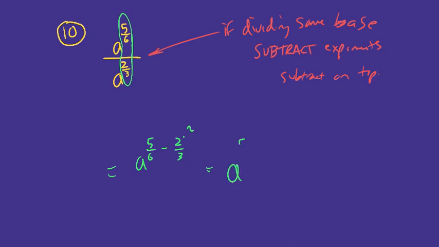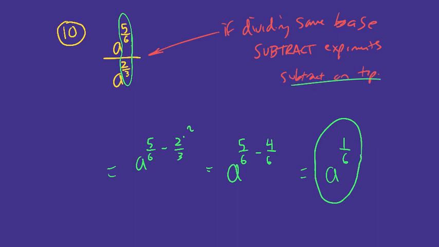So a to the 5/6 minus 4, 2 times 2, and then 3 times 2. So 5/6 minus 4/6, then we end up with a to the 1/6. So do the subtraction on top. If we'd ended up with negative 1/6, we would have moved the a to the bottom in order to make that exponent positive.